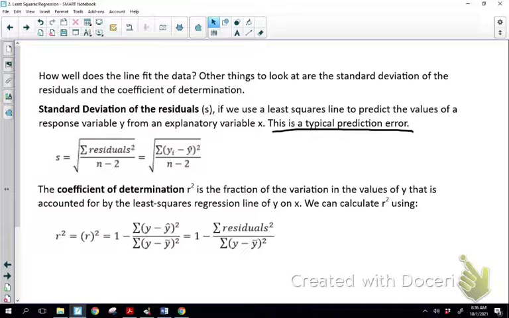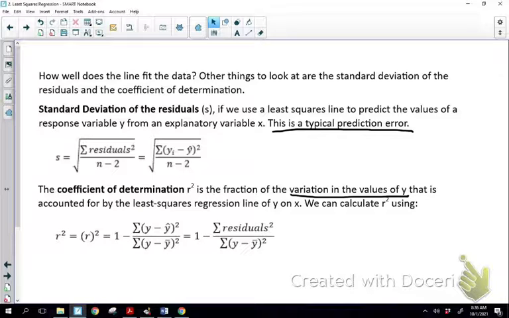R squared, the very last thing we'll look at, that is the coefficient of determination. I think of it as like a grade. How good of a job is the linear model doing? It's explaining the variation in y.